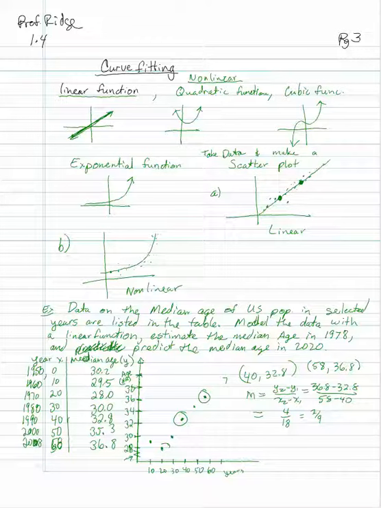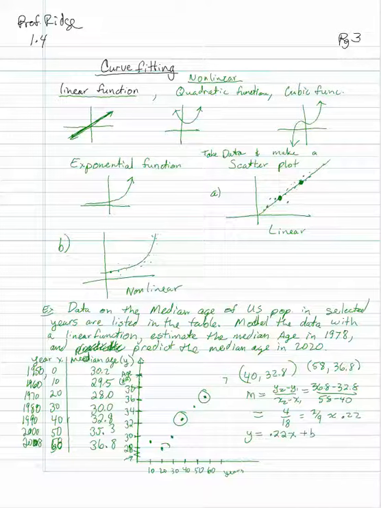Let's make it a decimal. That's 0.2222, and since we're roughly estimating anyway, we'll just round it to 0.22. So y equals 0.22x plus b. I've got to figure out my b.